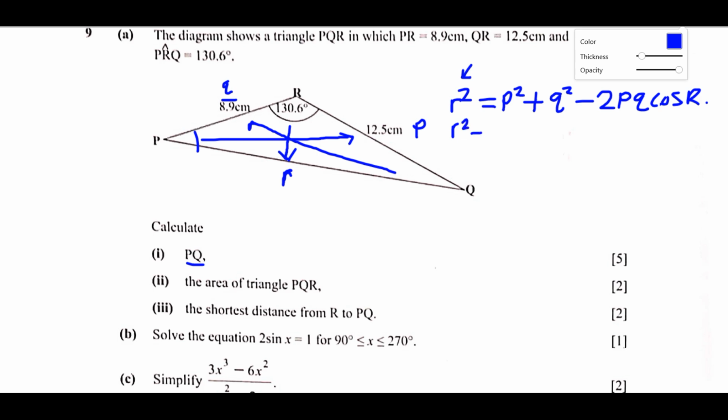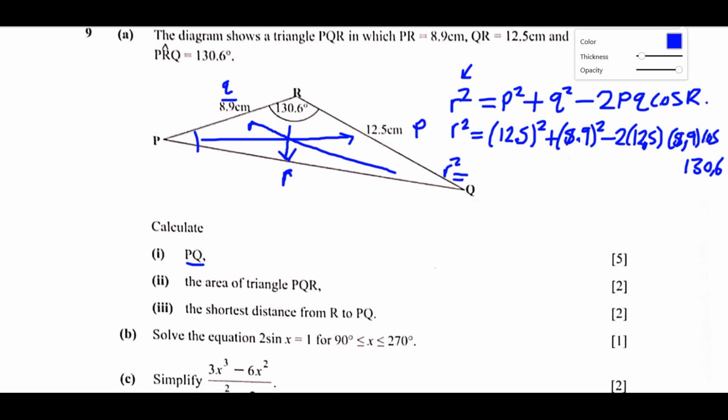We have r squared is equal to, what is the distance for p? 12.5, you square it, plus q, 8.9, you square it, minus 2 multiplied by 12.5 times 8.9 cos what angle? 130.6.